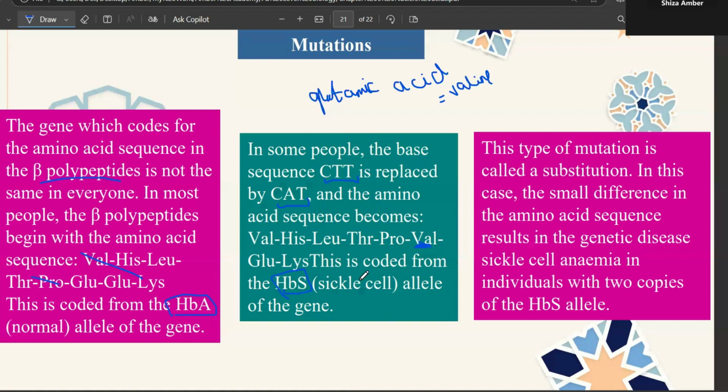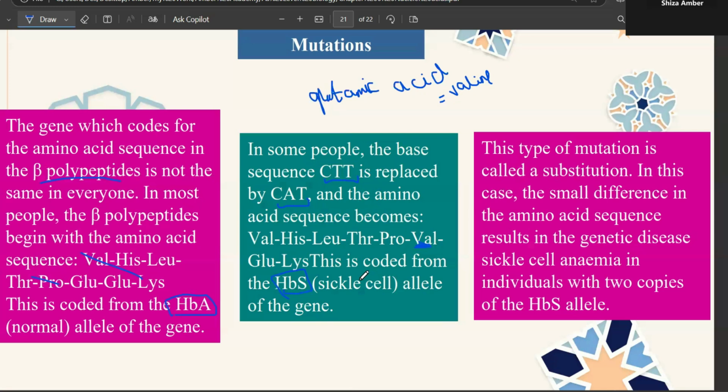It's a disorder of blood, and in this, your red blood cells become crescent shaped. And eventually, if proper treatment is not administered, then the person is going to die. So yeah, you need to remember this, that in HbS, your CTT is replaced by CAT, and just one replacement of this nucleotide base results in the alteration of an amino acid.